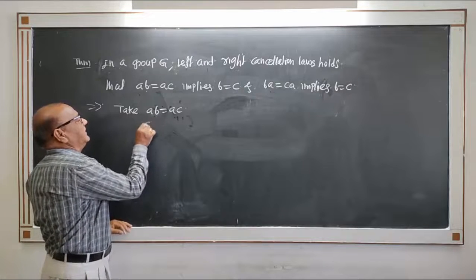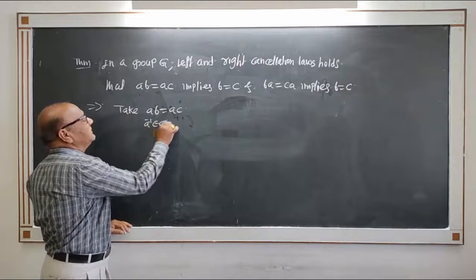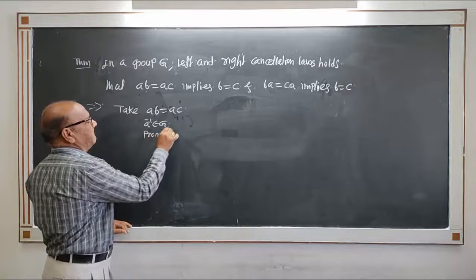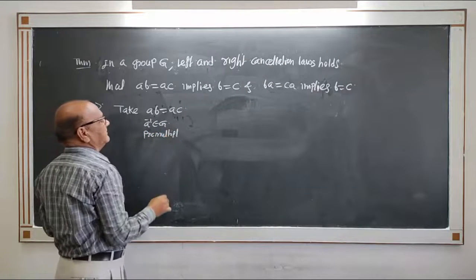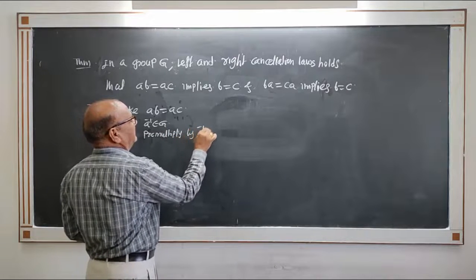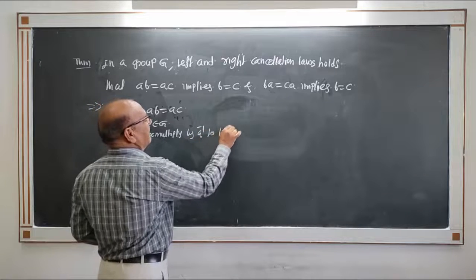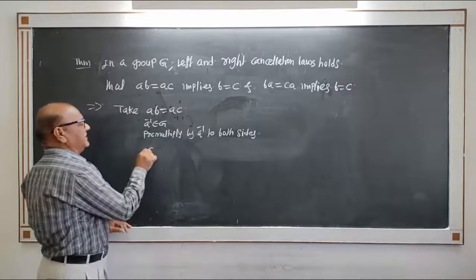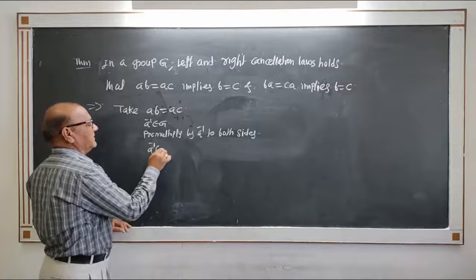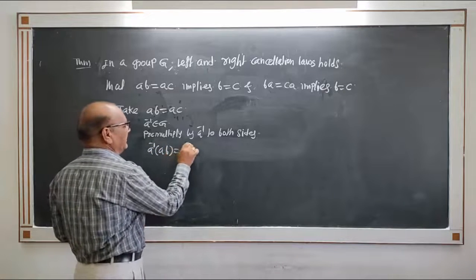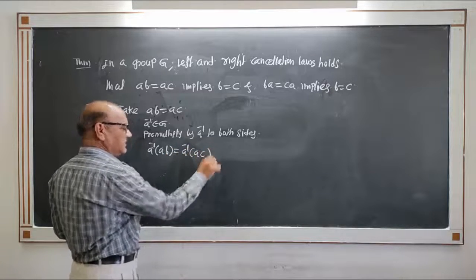Here, A inverse belongs to G. Pre-multiply by A inverse to both sides. We get A inverse AB is equal to A inverse AC.